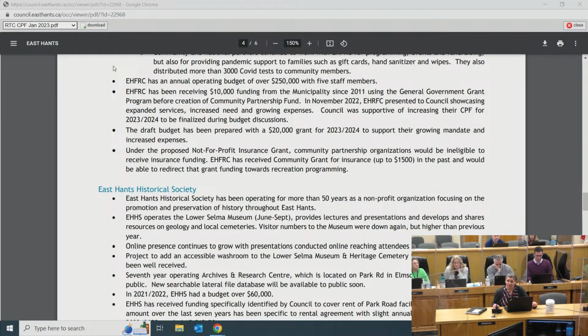They could still access community grant, maybe in a different way. This is where we get into the community partnership versus community grant, the double titles, but they wouldn't be eligible for the not-for-profit insurance grant, but they would be able to get their community grant for recreational programming and some other things that they do, and we would, of course, work with them to maximize that funding stream.